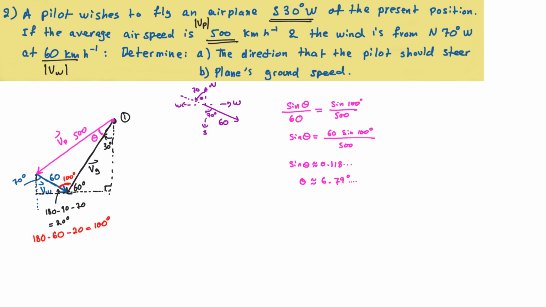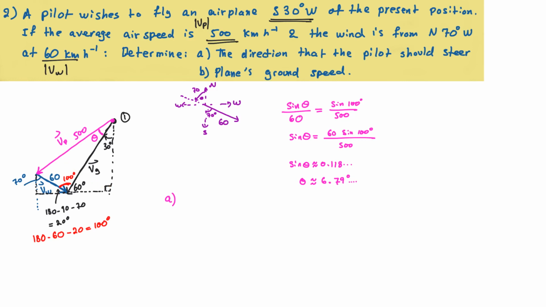Now, to answer part A of the question then, it's asking at what angle or what direction should the pilot be steering? Well, we have this angle, which is 30, and we're going to add that theta angle to it here. That's 6.79, and that's going to be in the direction south towards the direction west.